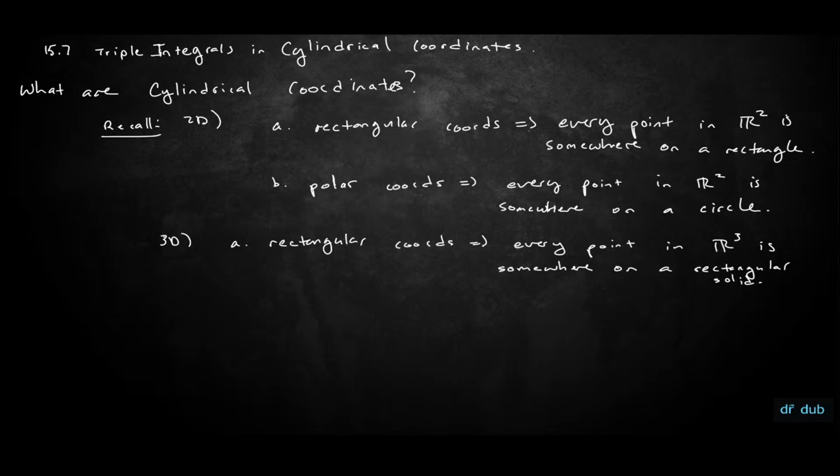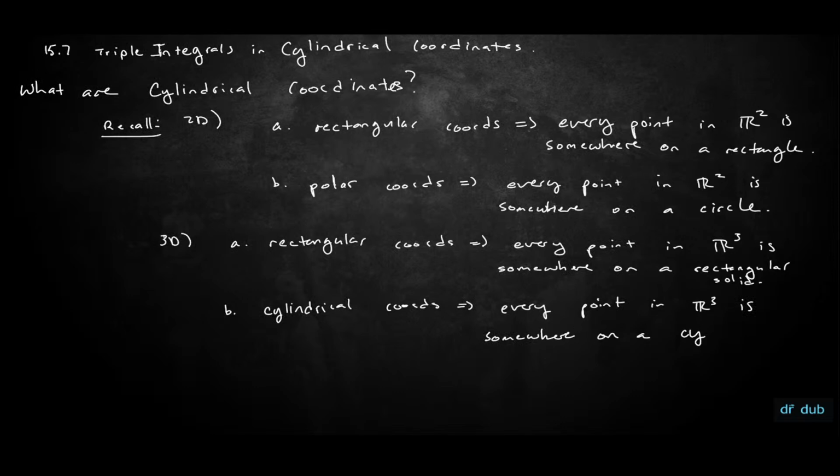So today, what we're going to do is talk about, call it part B, cylindrical coordinates. And that means every point in R3, three-dimensional space, is somewhere on a cylinder.